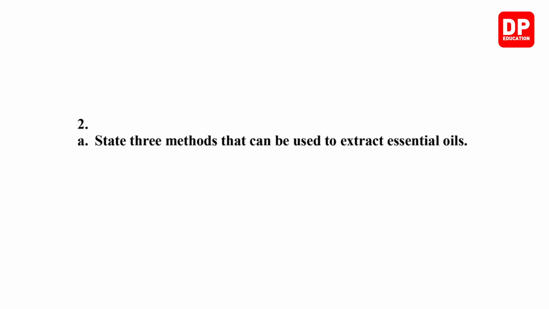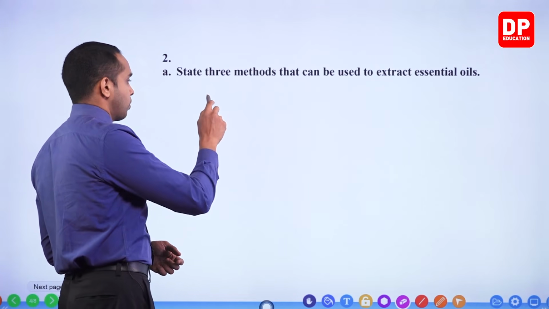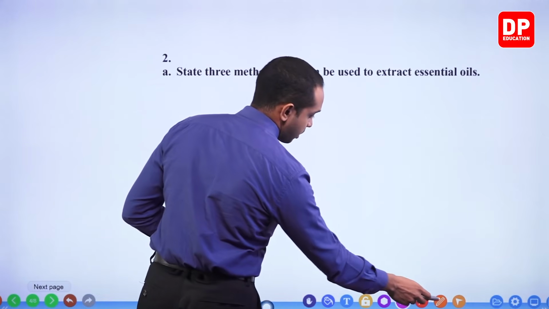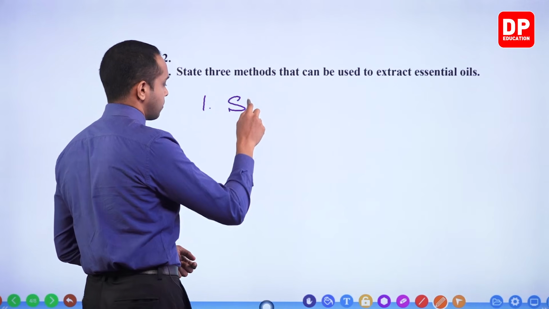So now let's take a look at the second question. State three methods that can be used to extract essential oils. So we already know one method very well, that is steam distillation.